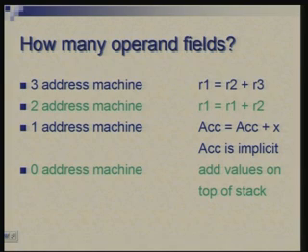In case of MIPS, for example, the arithmetic and logical instructions are basically 3 address instructions, whereas if you look at simply a jump instruction, that needs only 1 address. If you look at the BEQ instruction, that again is specifying 3 things, 2 operands being compared and 1 target address.